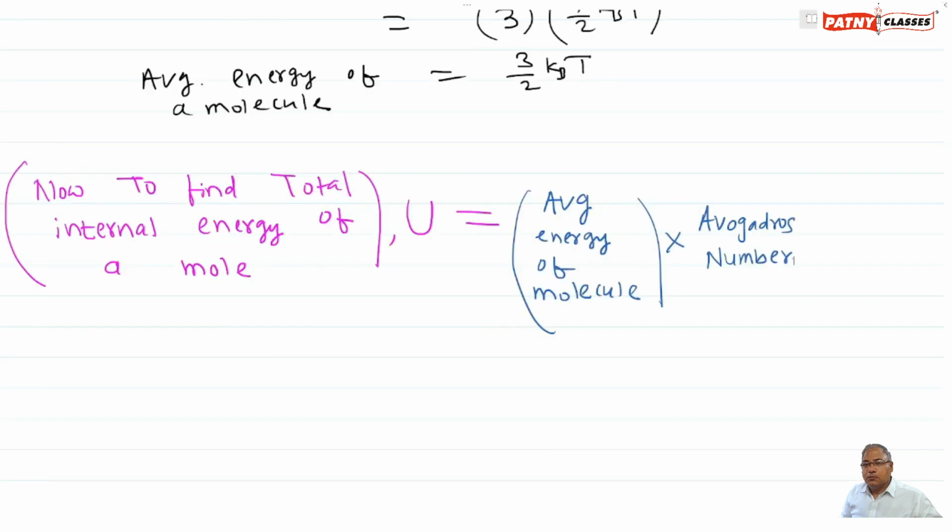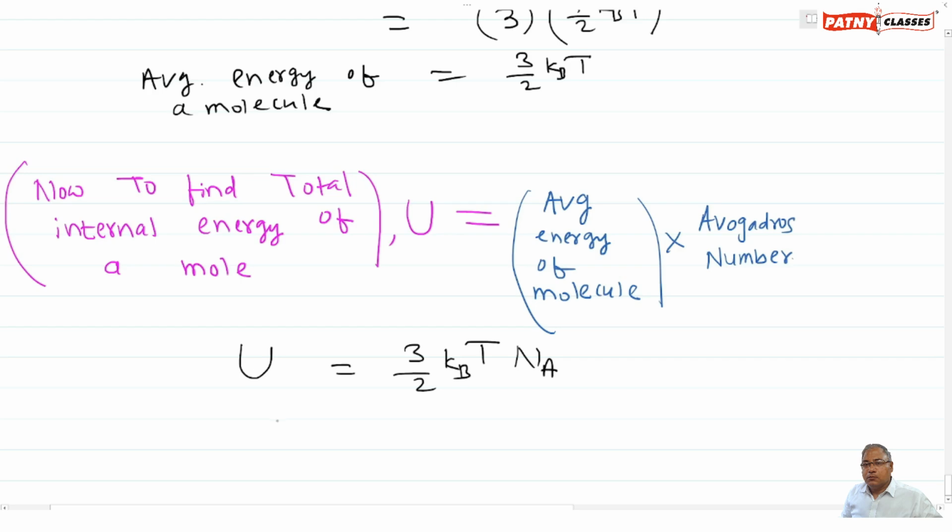Now, to find the total internal energy of a mole, denoted by U, it equals the average energy of a molecule multiplied by Avogadro's number. We already have the average energy of a molecule, which is 3 by 2 Kb T, and Avogadro's number is Na.